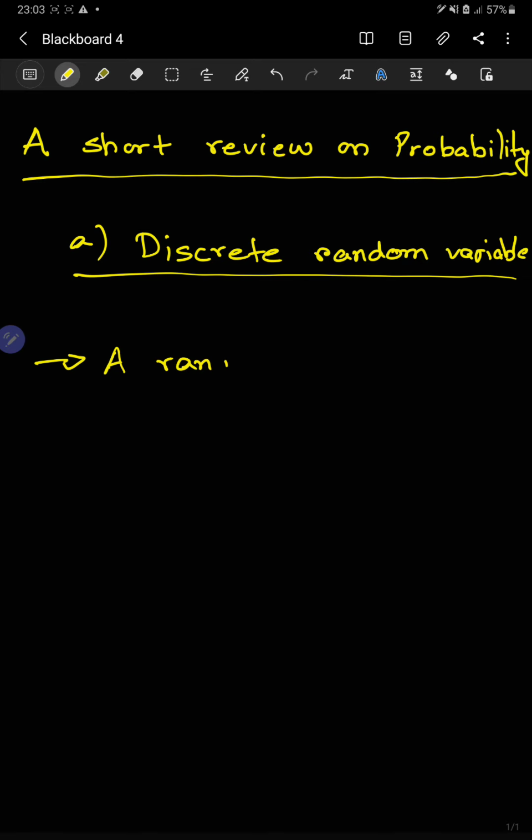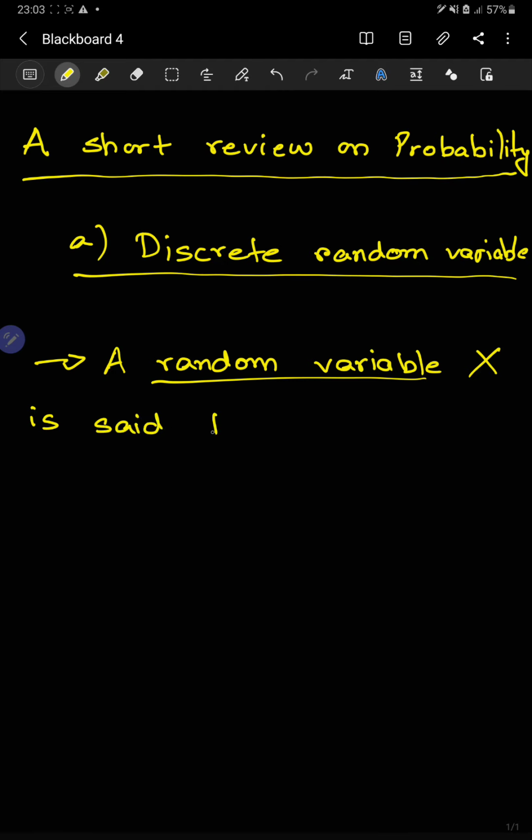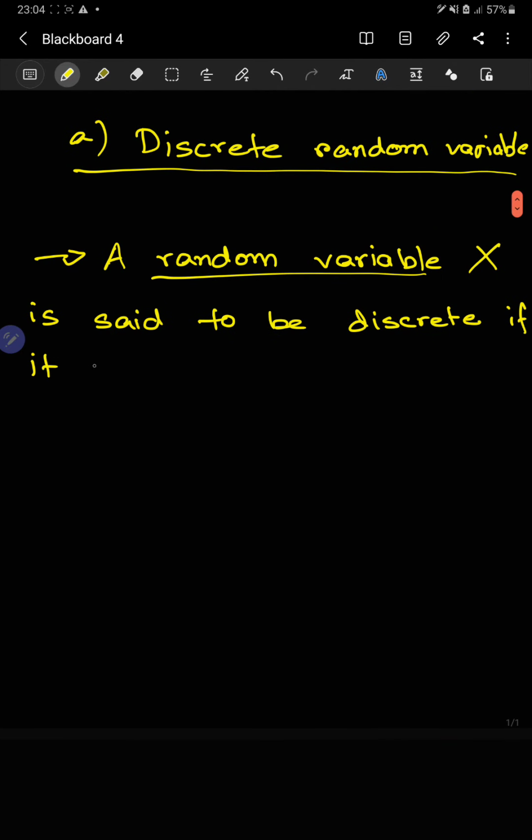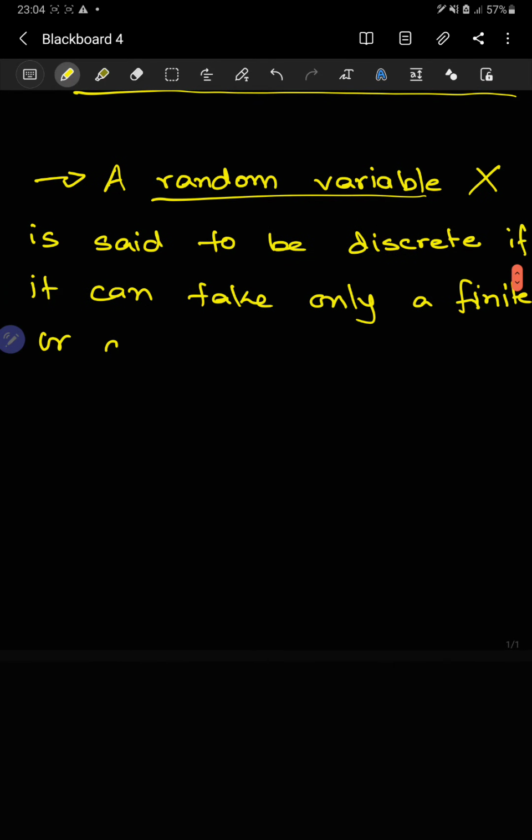A random variable X is said to be discrete if it can take only a finite or countable number of distinct values.